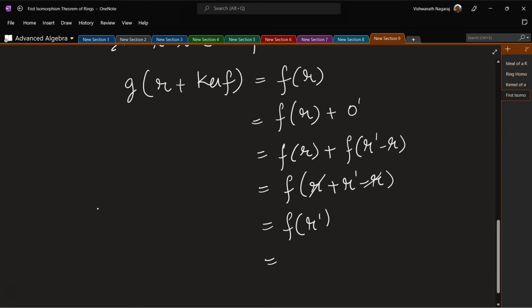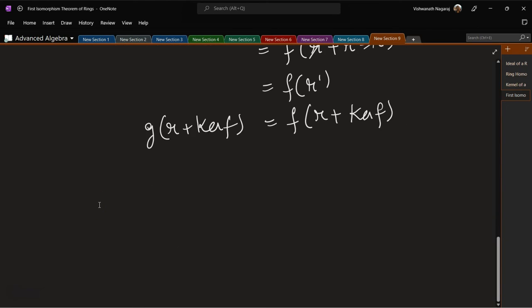Now f of R prime can be written as G of R prime plus kernel of f. So we end up with G of R plus kernel of f is equal to G of R prime plus kernel of f. Therefore it is well defined.